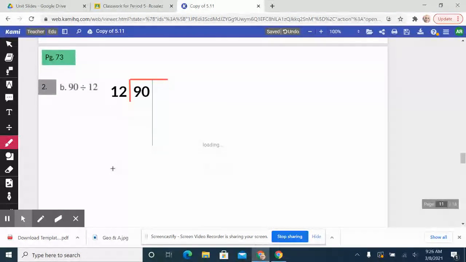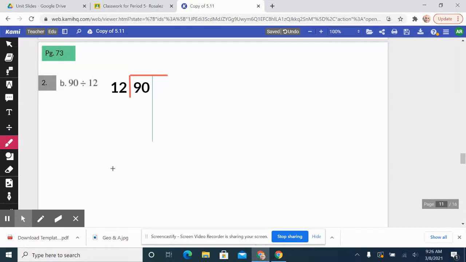All right, so now I'm on letter B, same page for you. So I'm doing 12 into 90. Now I didn't say it above, but I'll say it here. Technically speaking, this is 90 over 12. Remember I said your bottom number goes on the outside, right? And your top number goes on the inside. It's consistent.